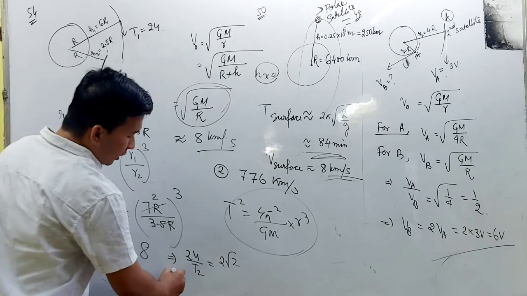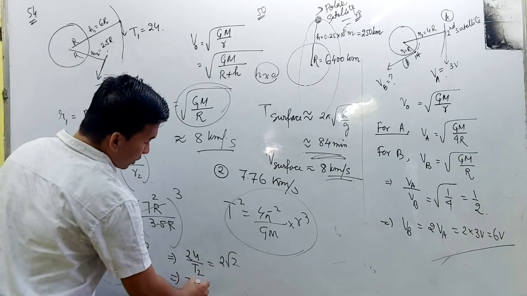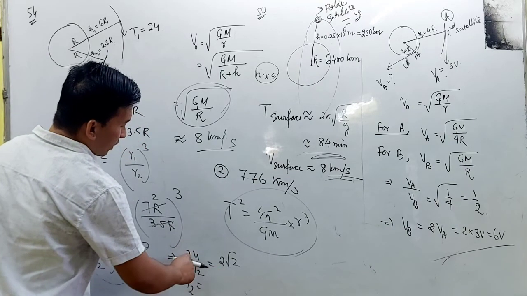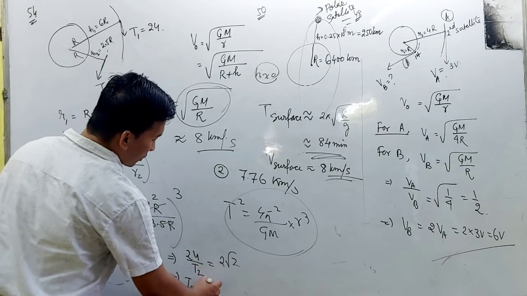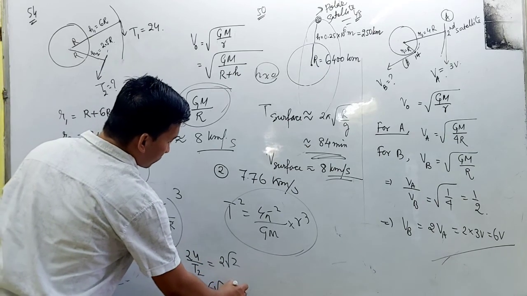After simplification it will be equal to 6 root 2.